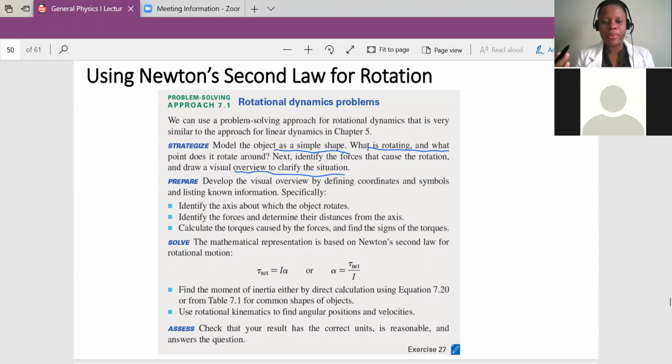Then you can now develop from the question the formula to use, because we have different formulas with different relationships depending on the parameters provided in the question. So you identify the axis about which the object will rotate. You identify the forces, the tangential force, and if there is another kind of force, like we saw in the case of the single particle, the tension force, you should also be able to identify that.